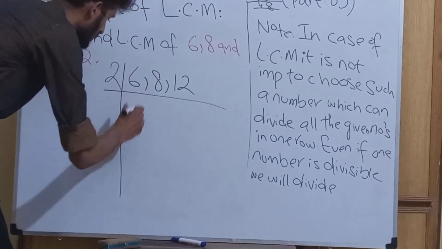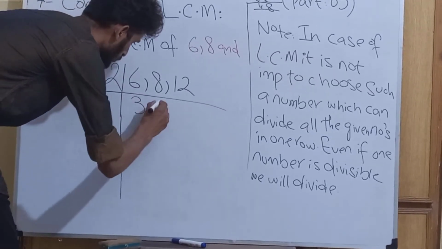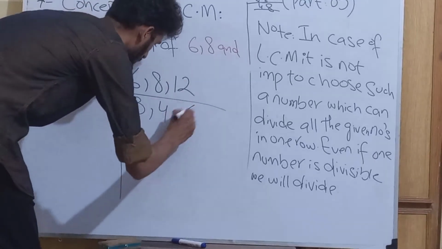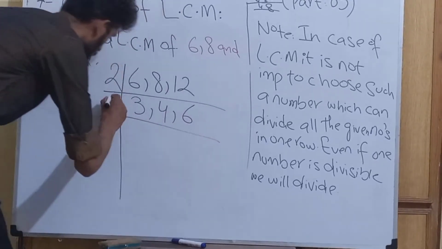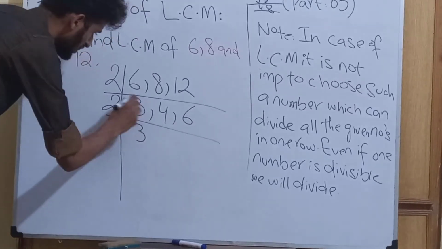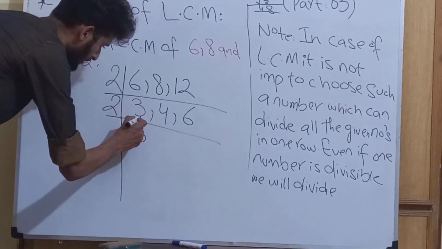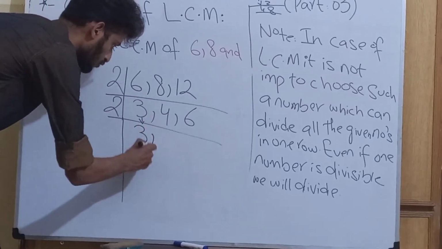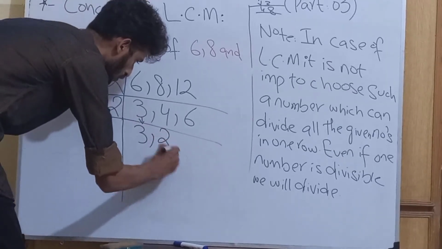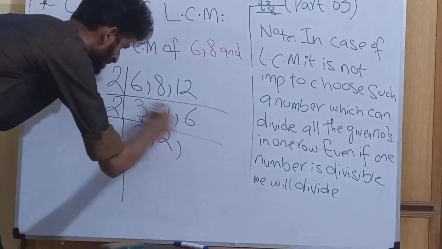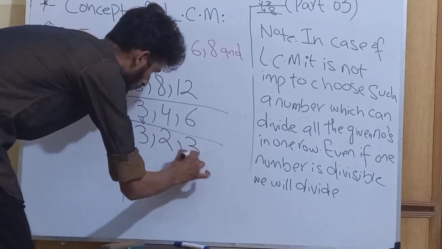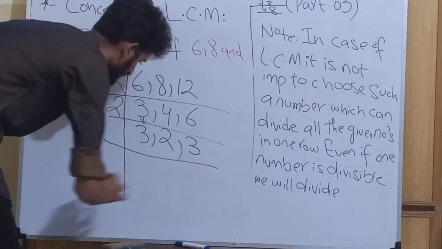So 2 3s are 6, 2 4s are 8, and 2 6s are 12. Again by 2. As 3 is not divisible, I have copied 3 down as it is. 4 is divisible by 2, so 2 2s are 4. 6 is divisible by 2, so 2 3s are 6.